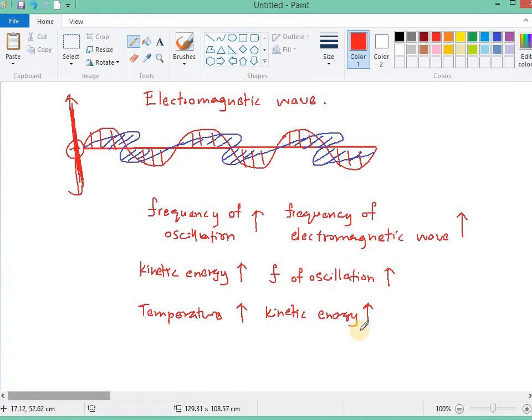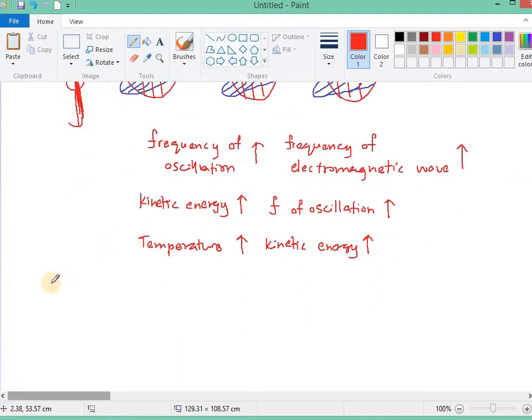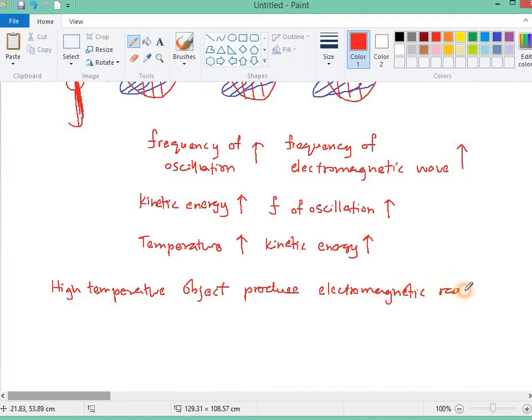So an object that has higher temperature, that means a high temperature object, will produce electromagnetic radiation of high frequency.